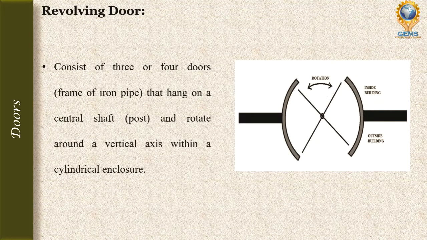These revolving doors consist of 3 or 4 doors with an iron frame. See in the diagram, these are the iron pipe frames. These hang on a central shaft, and rotate around a vertical axis within a cylindrical enclosure.